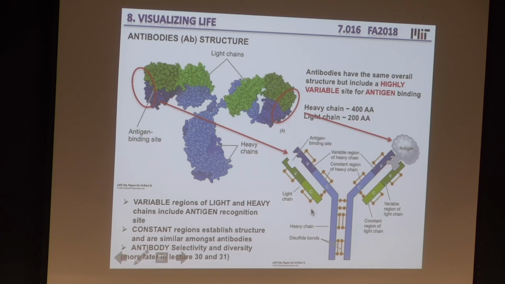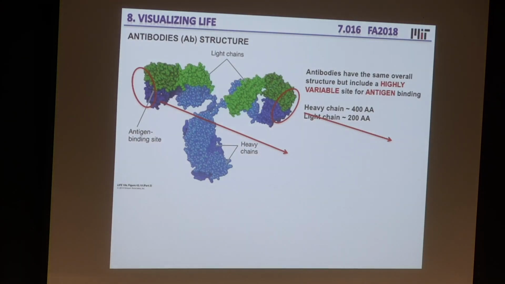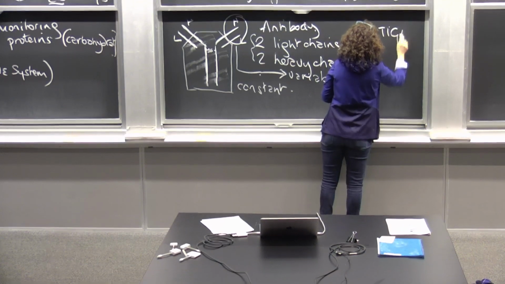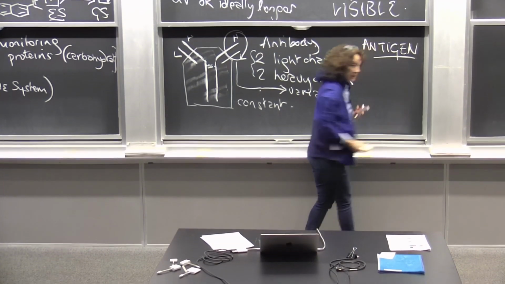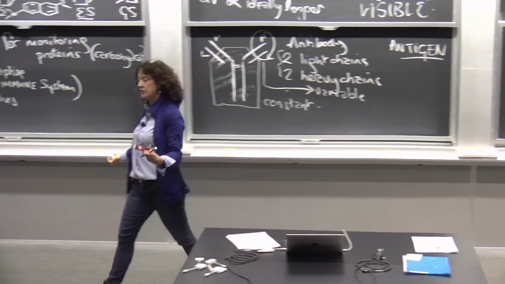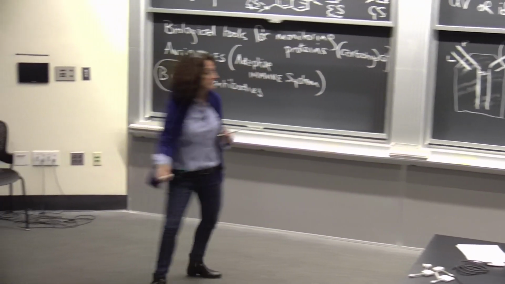So what you see here is the light chain in green, heavy chain in blue, and it's a double version of it. We always draw antibodies as this V shape. And an antigen, you've heard this word before. It's a foreign entity that's foreign to the immune system.